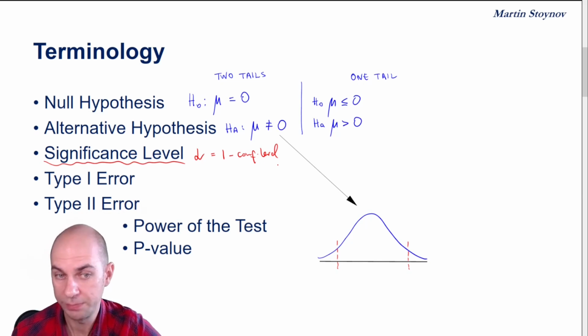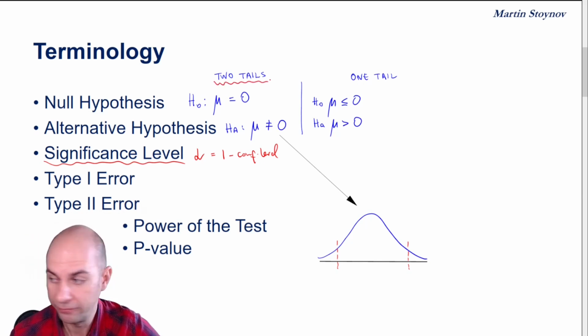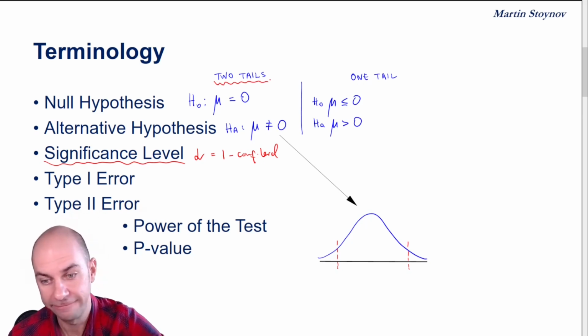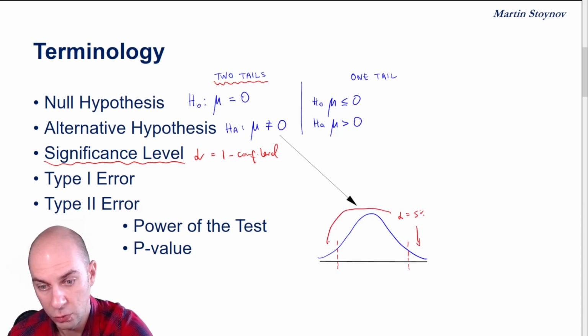So let's say I was performing a two-tailed test. I'm performing a two-tailed test at the 5% significance level. Well, I'm going to have to split that 5% probability across two tails. So this left tail will have 2.5%, and this right tail will also have 2.5%.